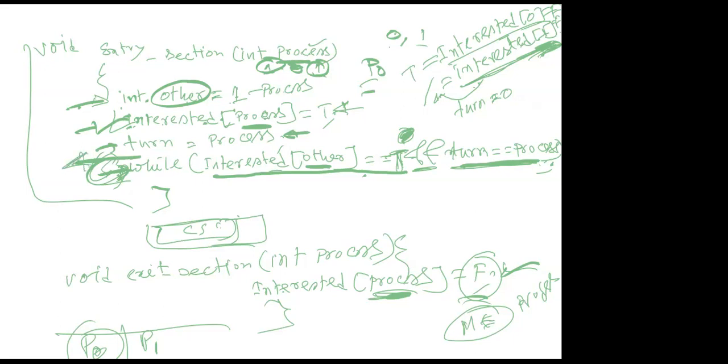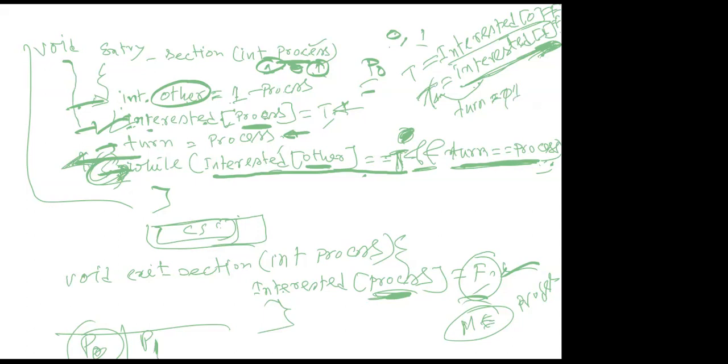Then process P1 becomes interested in entering the critical section. It executes this line, so the other is 0. It makes its interested flag T, and then makes the turn value 1.